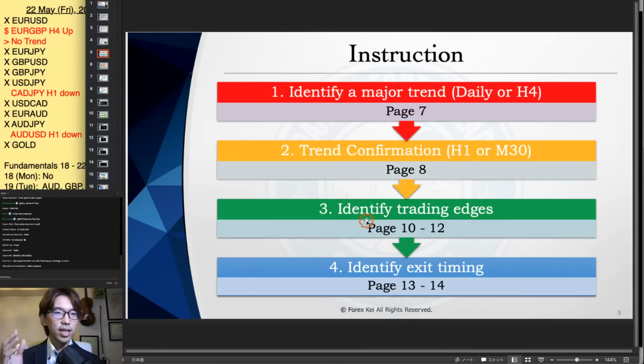So I don't really look at the 5-minute chart and take trades only. No, I always make sure to look at the bigger time frame first, and then go to the middle time frame and a smaller time frame to take trades. So these are very important steps. We don't want to go backwards. We want to see the whole picture first, and then narrow it down, right? Zoom in.